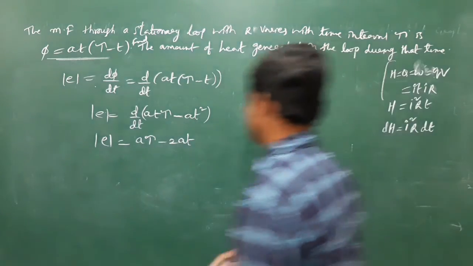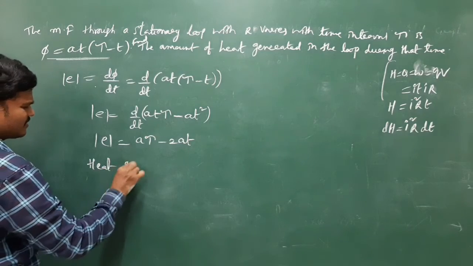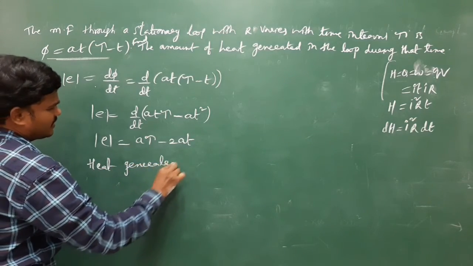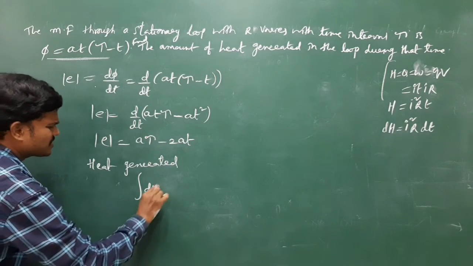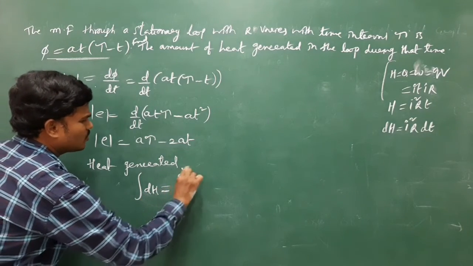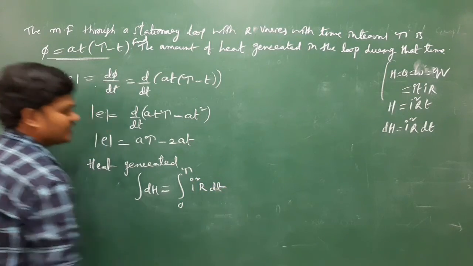In the same way, we can write the heat generated in the particular time interval tau as the integration of dH from 0 to tau, I square R dt.